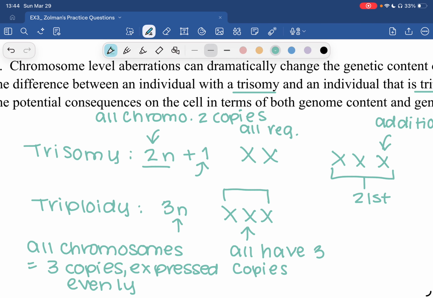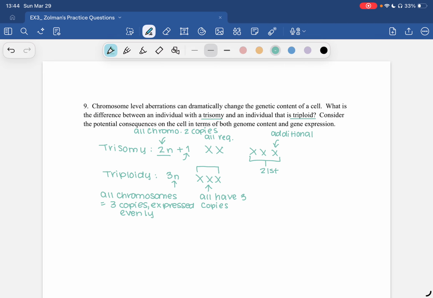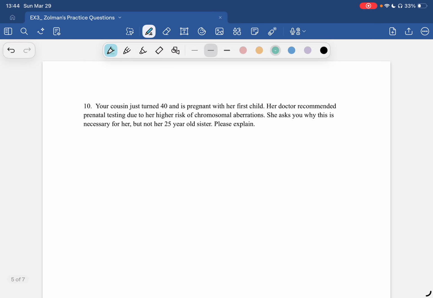There would be more expression of that 21st chromosome because there's just more of them. Hopefully that helped. Again, consult your textbook if it's a little bit easier, but let's move on to the next question.